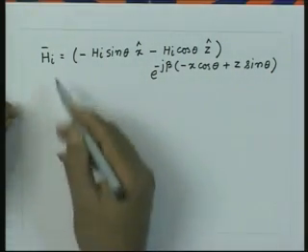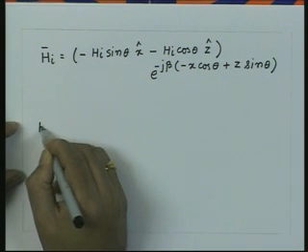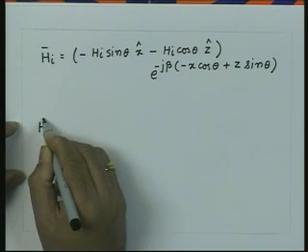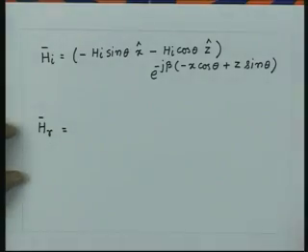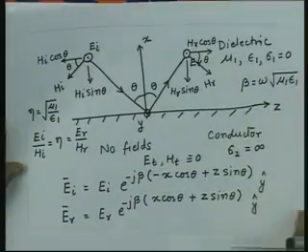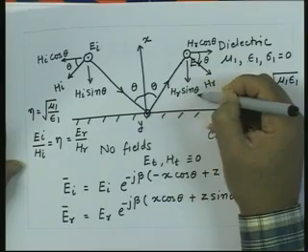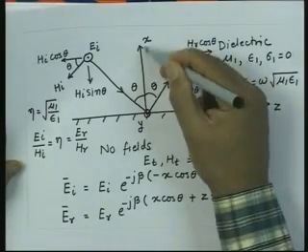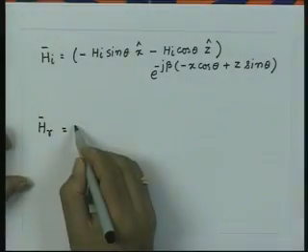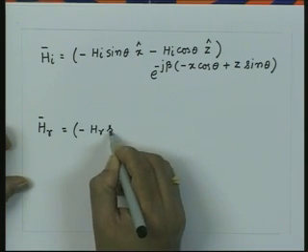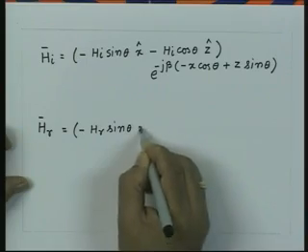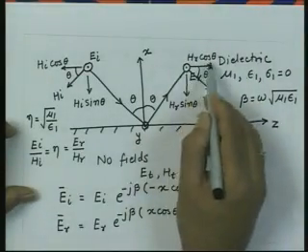We can write down the reflected magnetic field also. So, we have H_R, that is equal to, from here, this component is H_R sin theta, but is opposite to the x direction. So, that is minus H_R sin theta in the x direction, but this component H_R cos theta is in the positive z direction.